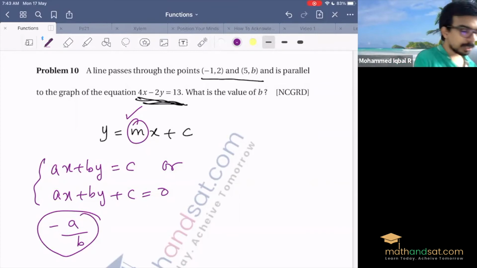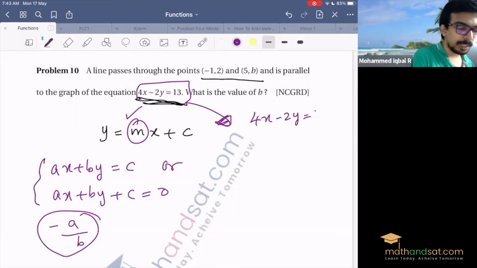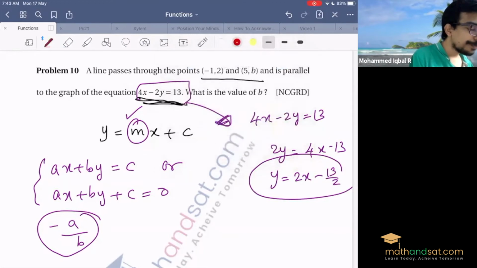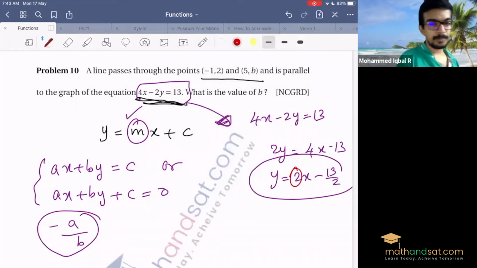Else you have to rewrite this into y equals mx plus c form. If you rewrite it, we have 4x minus 2y equals 13, so 2y equals 4x minus 13, so y equals 2x minus 13 by 2. If you rewrite in this way, 2 is the slope.